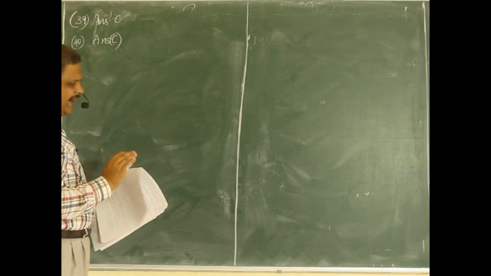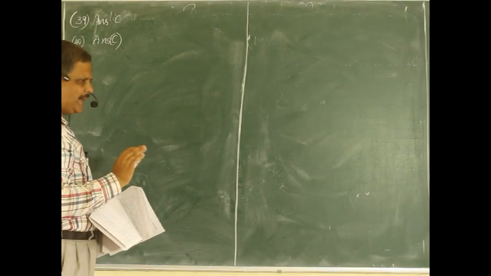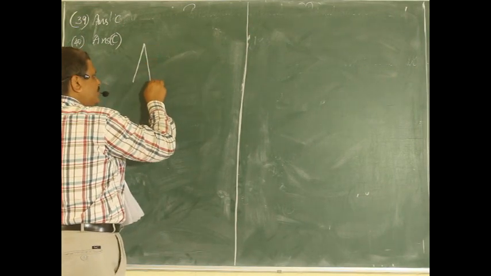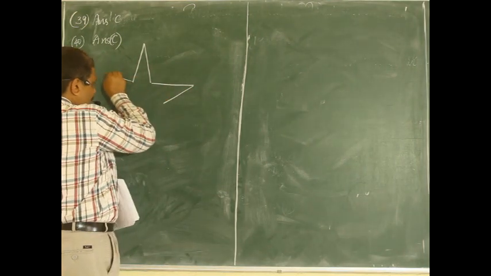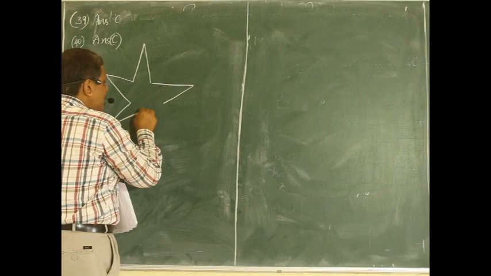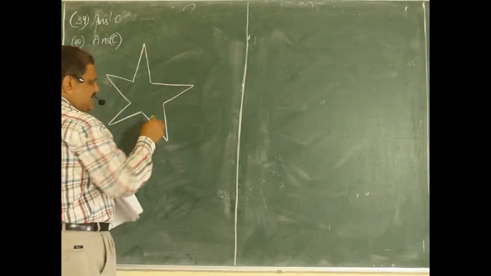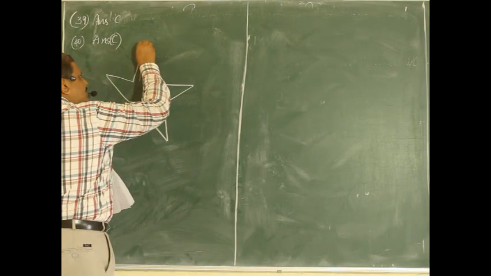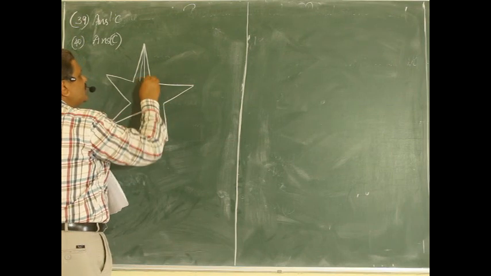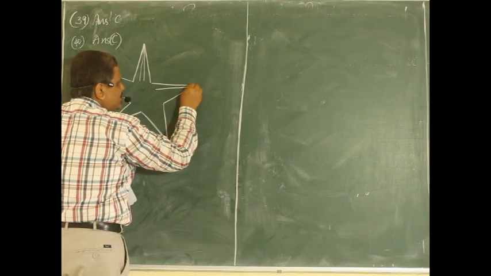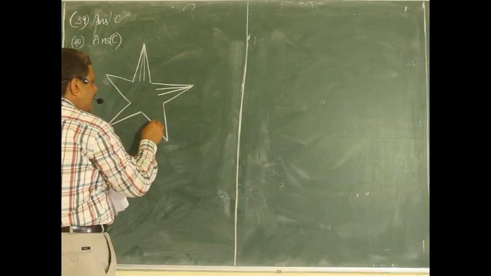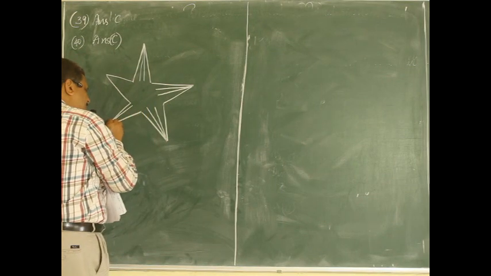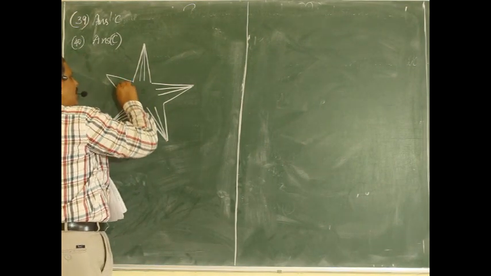Some students, you may have a doubt, what is ambulacral groove? If you remember the starfish which you observed in your lab in first PUC, on the lower surface which faces the ground, there is a trench-like depression which runs from the center towards the tip of the arm, and this is called ambulacral groove.